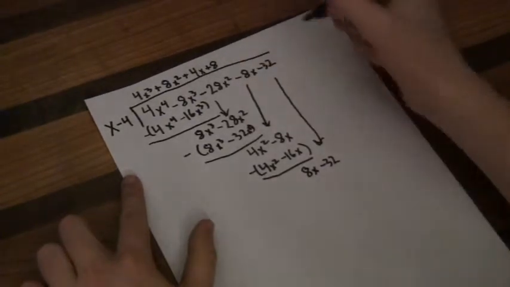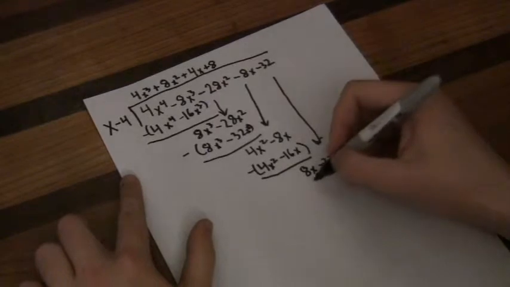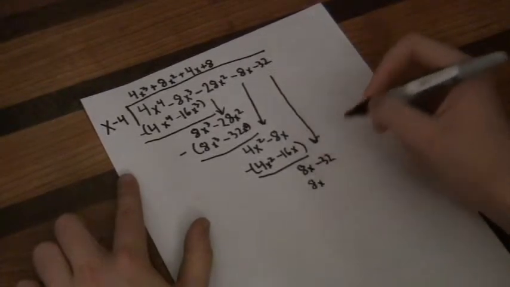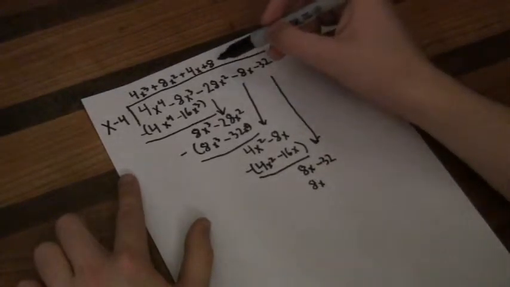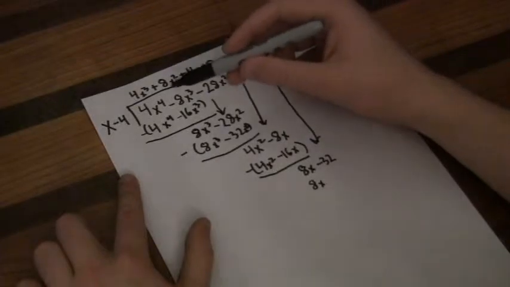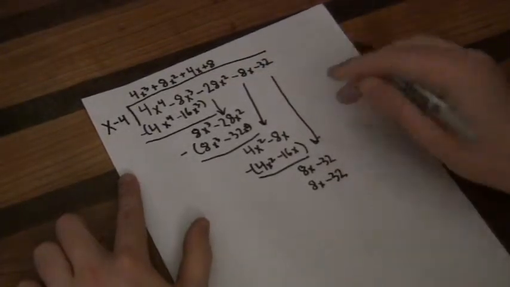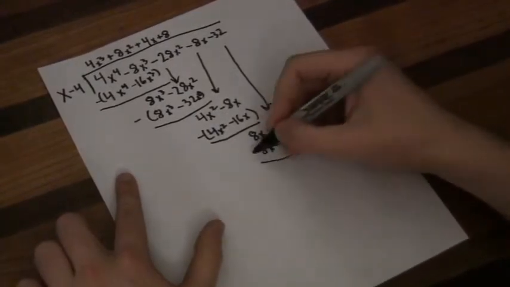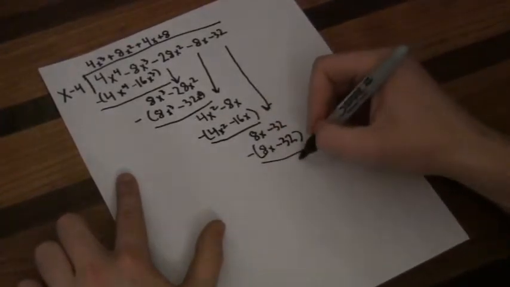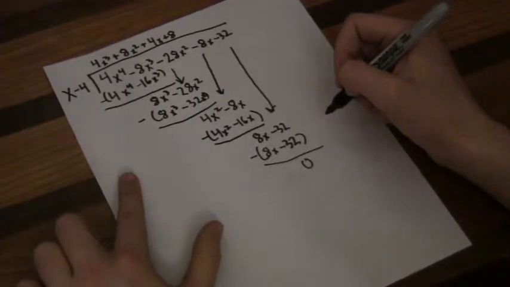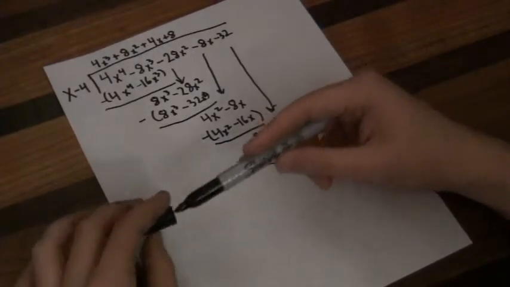Take out that x, get 8. Multiply it back in. Now 8 times -4. Hold the phone. Hold the presses. It's 32. It's going to leave us with 0. We did it right. Hip hip hooray.